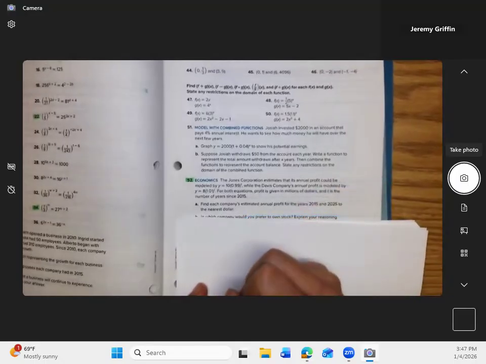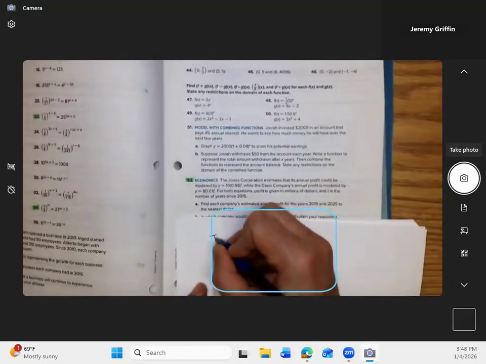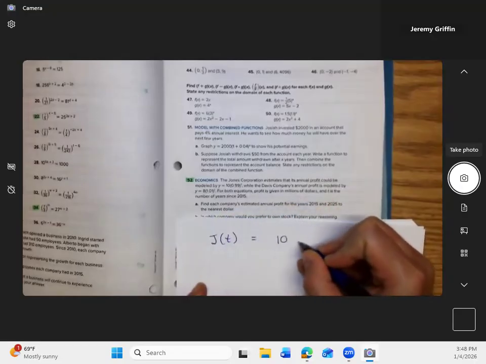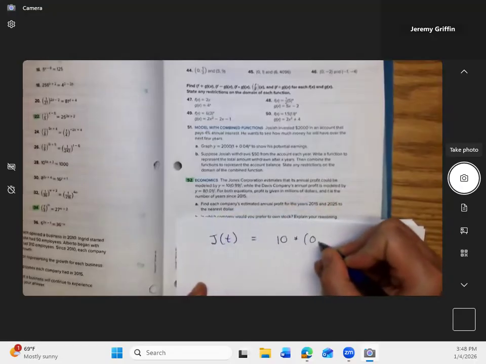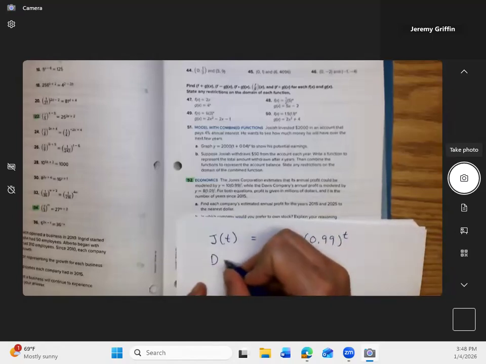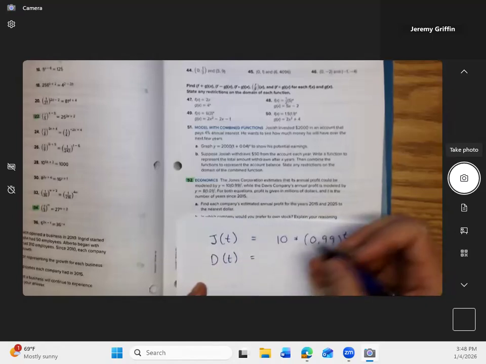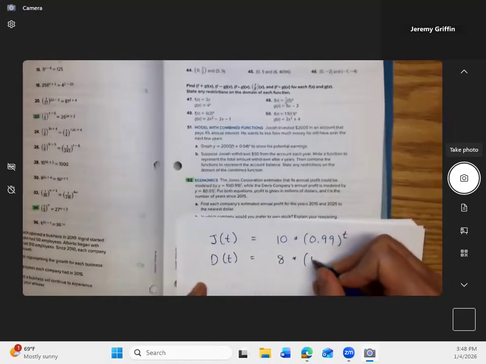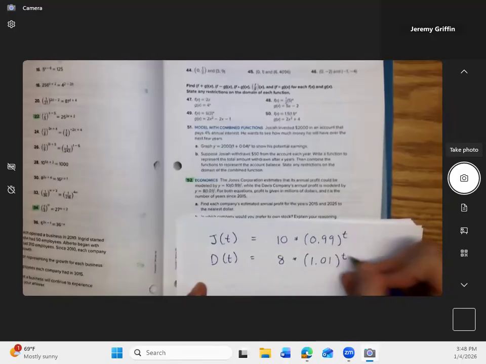So Jones as a function of time is $10 million times 0.99 to the T, and Davis as a function of time is $8 million times 1.01 to the power of T.